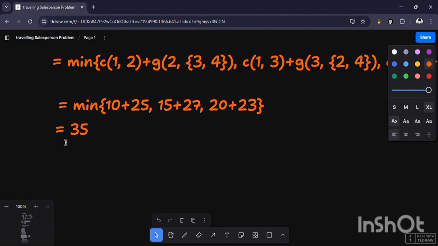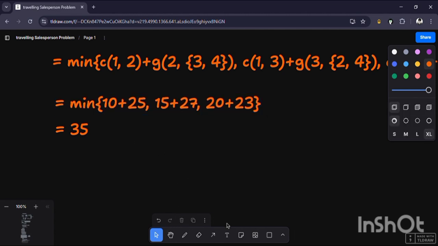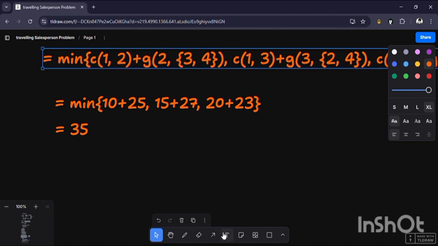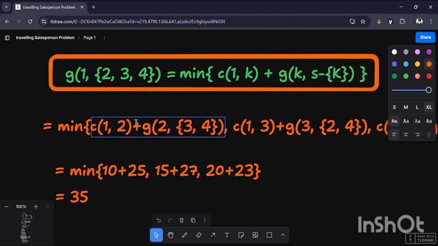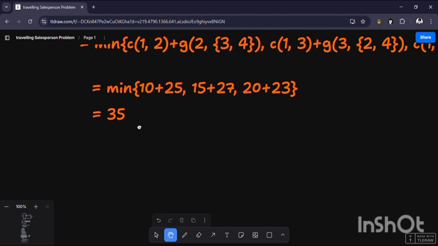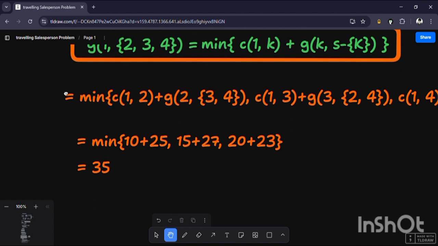35, and from where does 35 come? 35 comes from this one, this value. And from where does this 10 plus 25 come? From here, this value. And what was the j value for this? What is the j value for this? Okay, my function is this. So what will be the j value for this?